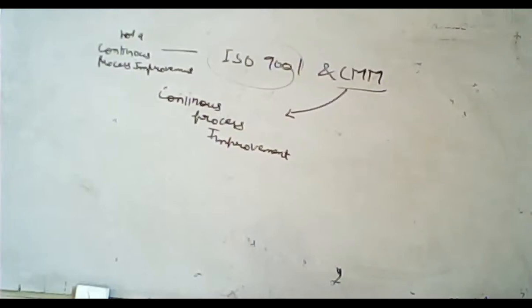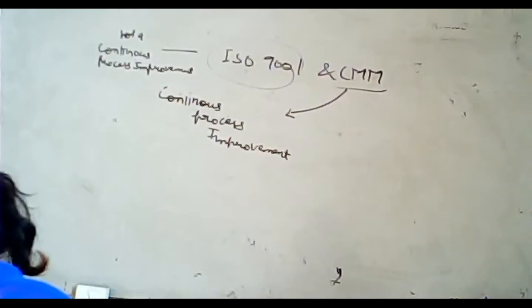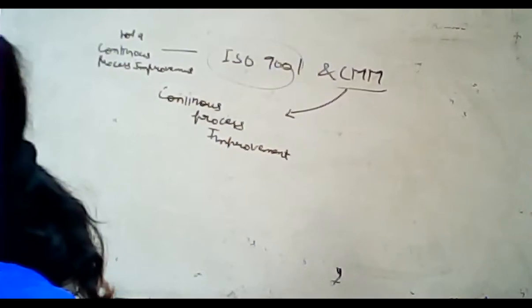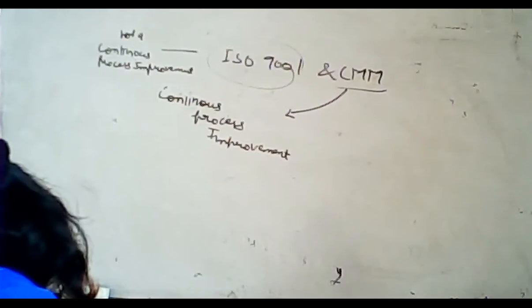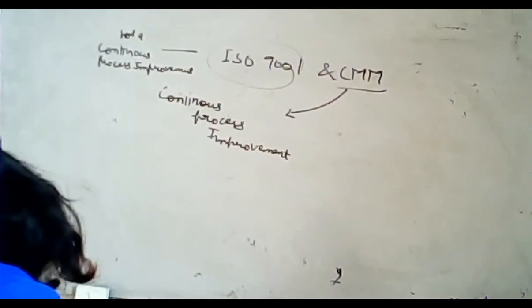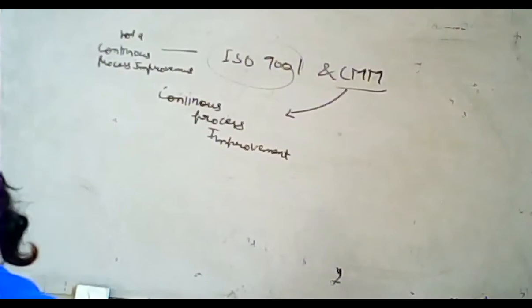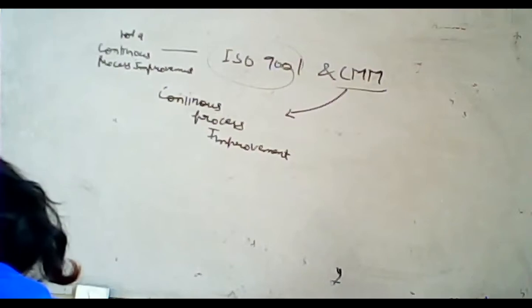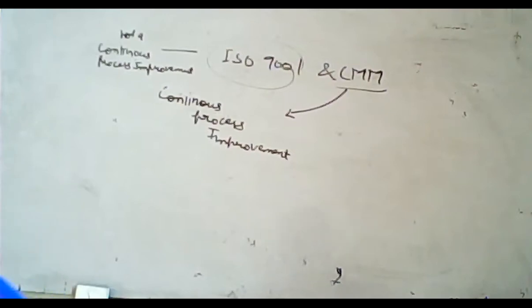For UML, you can have software like Rational Rose. This is a paid software. Does anyone have a version of it? Okay, if someone has a cracked version, you can use that. Another is SmartDraw. This is also available on a trial basis.